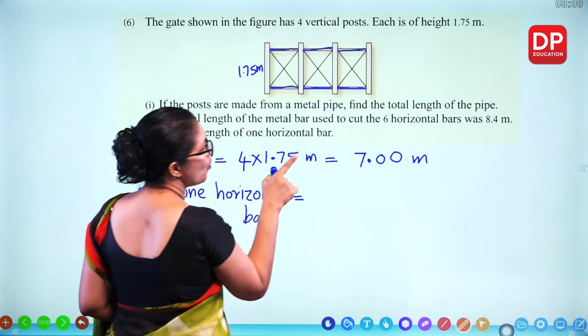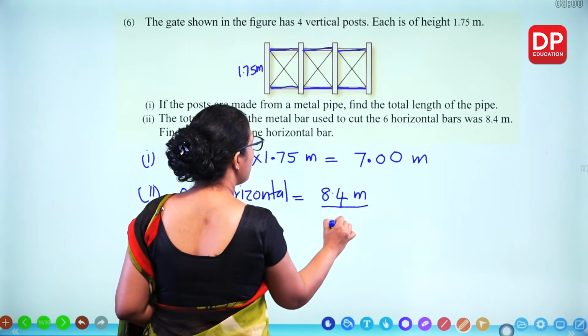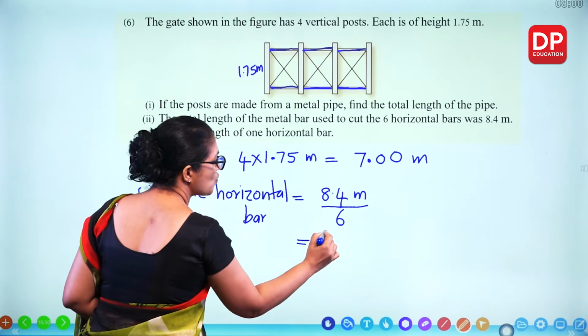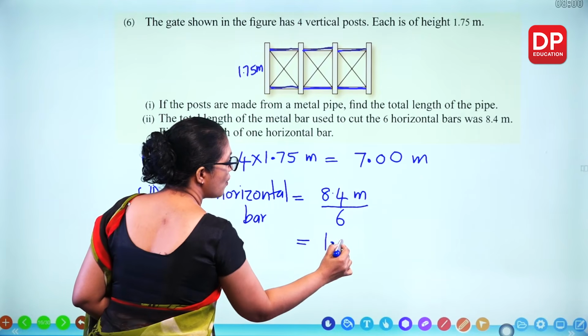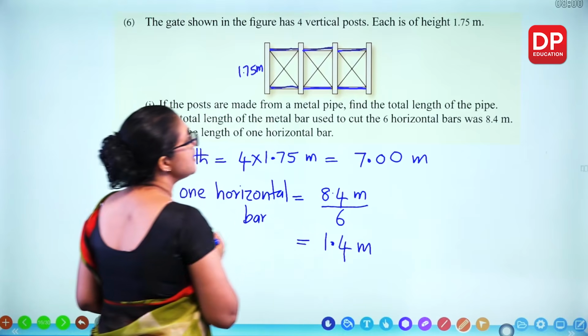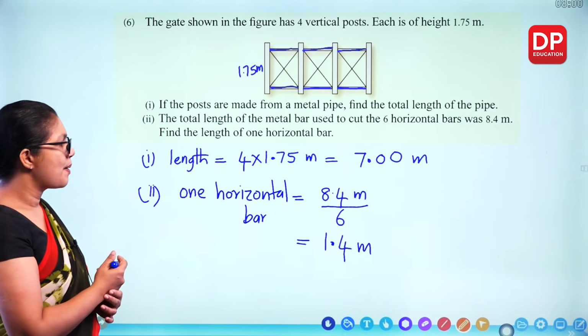So here total length is 8.4. Divide by 6. So 6 times 1, 6. So 2 remaining for 24. That's 4. 1.4 meters is the length of one horizontal bar.